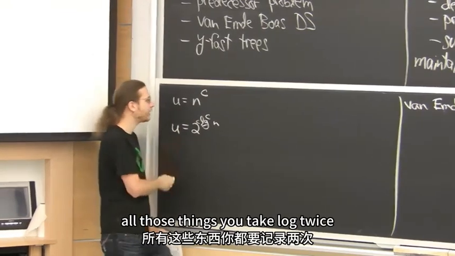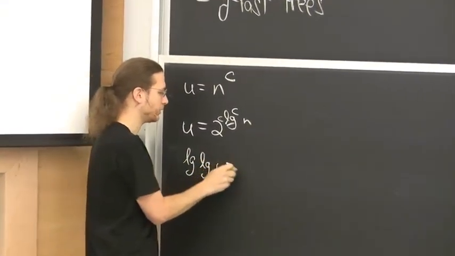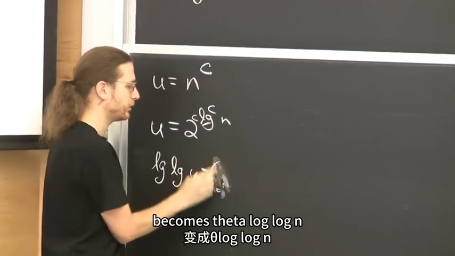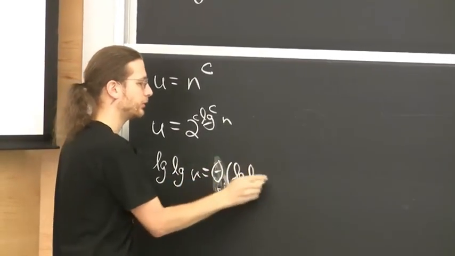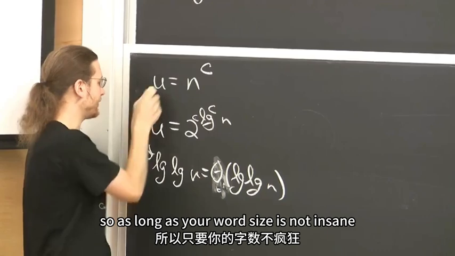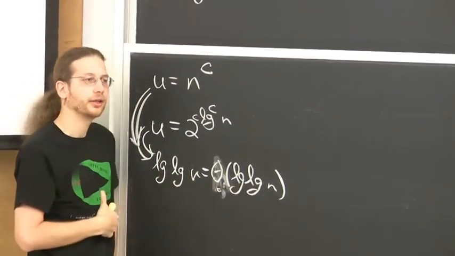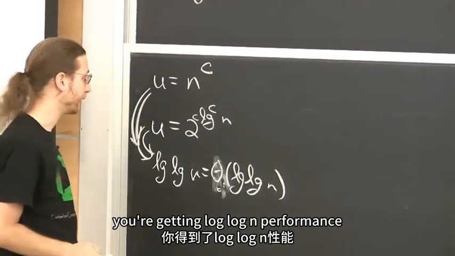All those things, you take log twice, then log U becomes theta log N. So as long as your word size is not insanely large, you're getting log N performance.